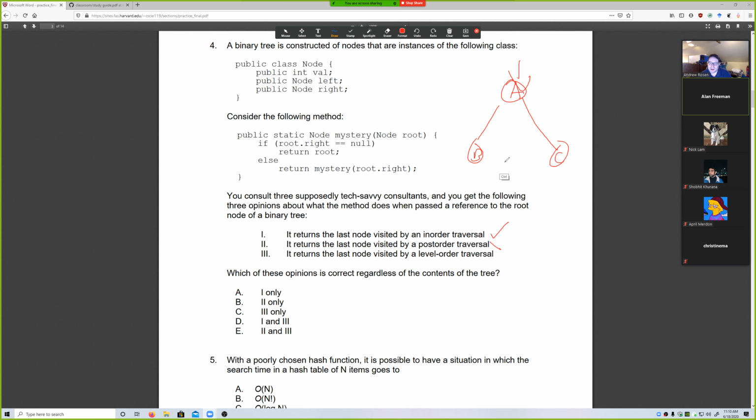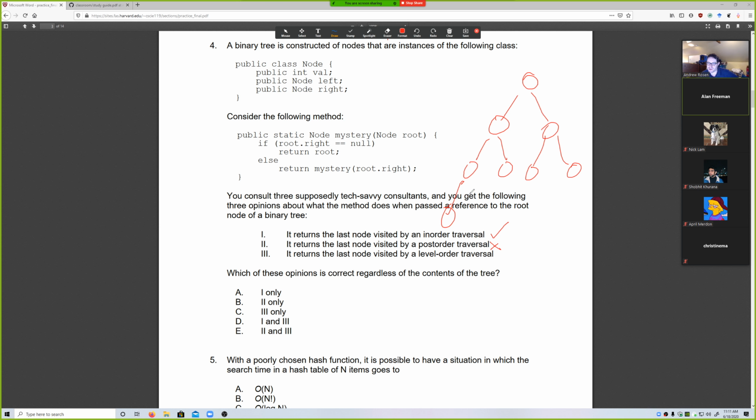Finally, last node visited by level order. It appears on first glance that that would be the case. If we create a binary tree, it'll return the last node in the level order traversal. Return this guy. But if we just add a node right over here, boom.